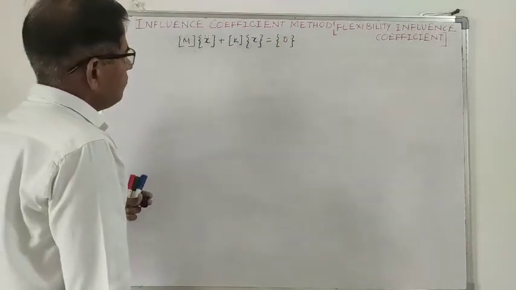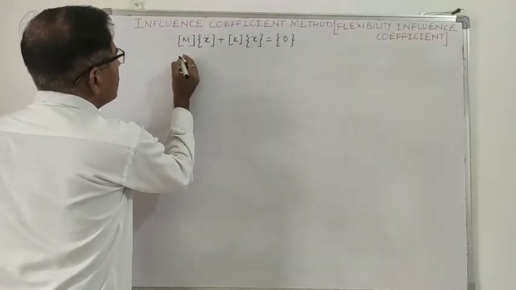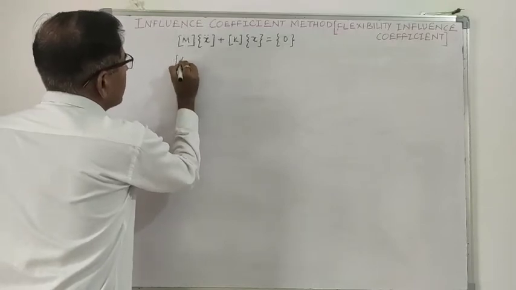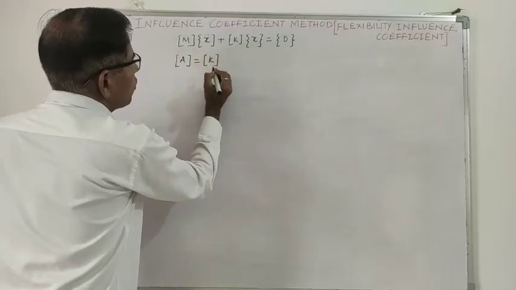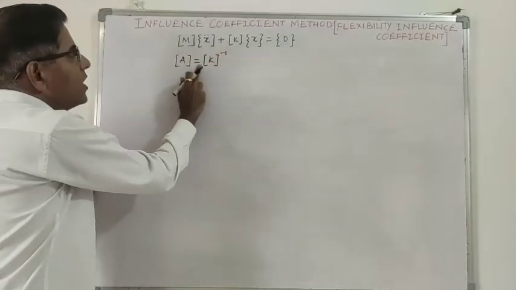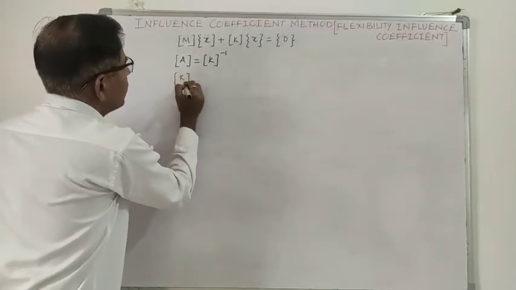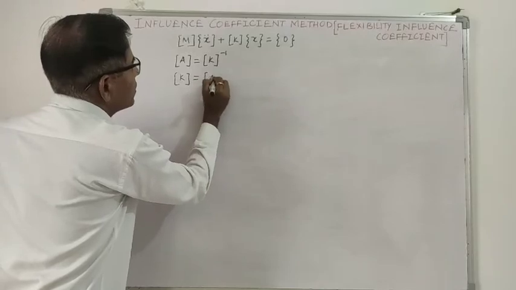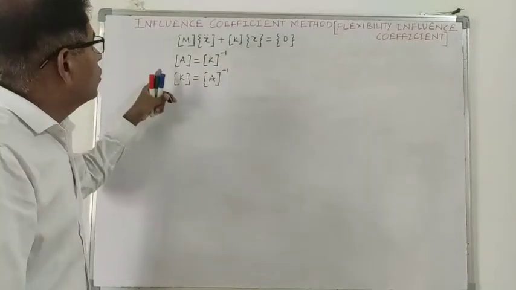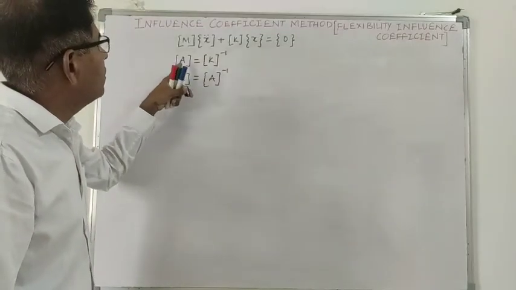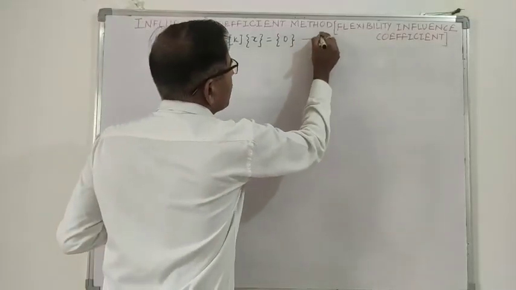Now we know that A matrix is reciprocal of stiffness. So A matrix is K inverse. Similarly, K is equal to A inverse. So K is equal to A inverse and A is equal to K inverse. Now here, say this is equation number 1.